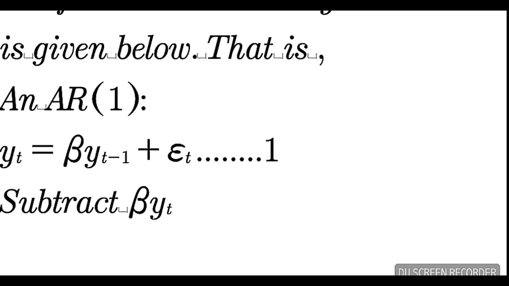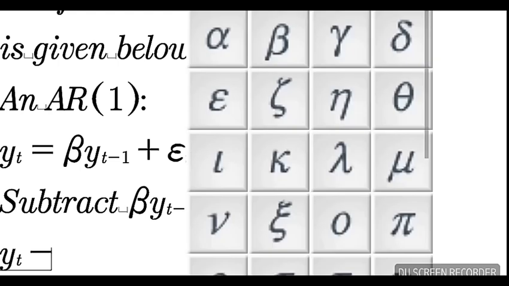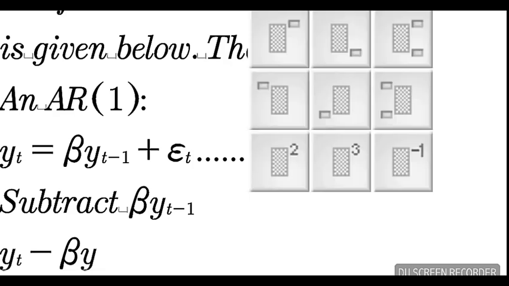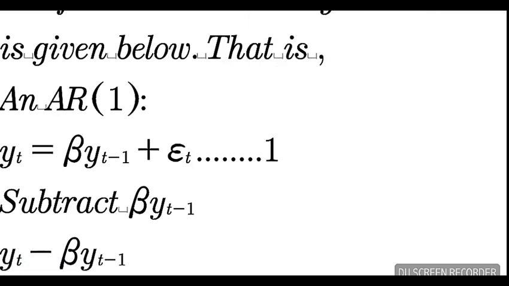So doing that, I have my y sub t minus beta times y sub t minus 1 equal to epsilon sub t, that is the error term at time t.